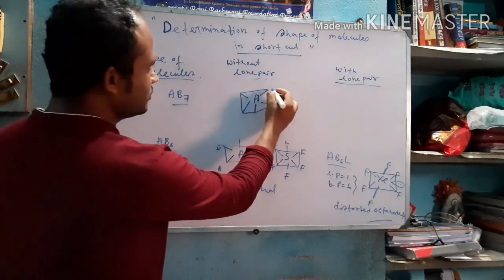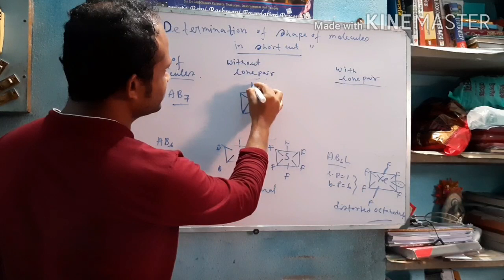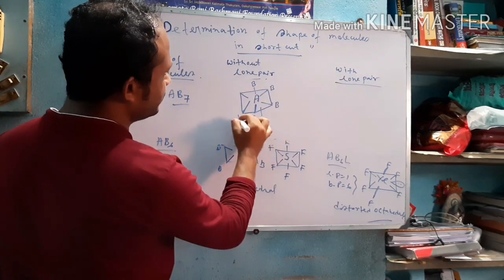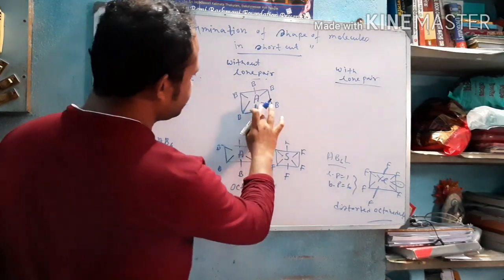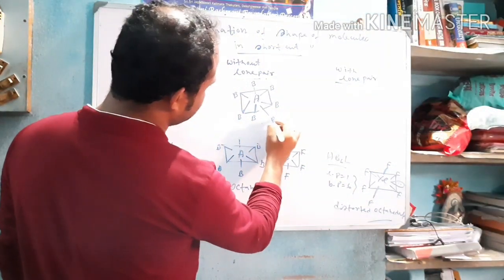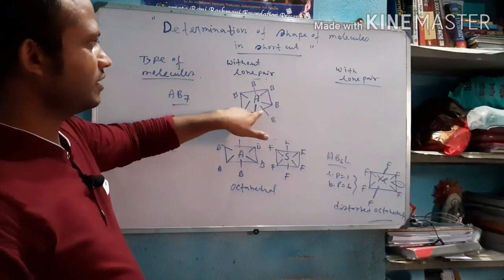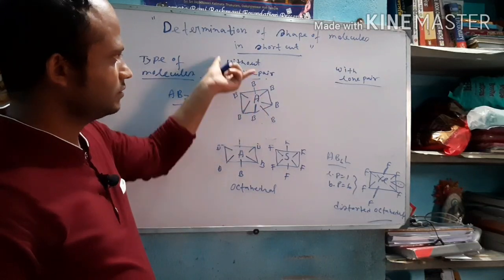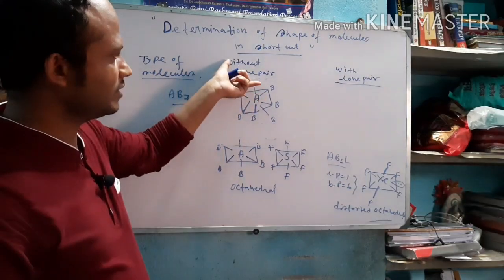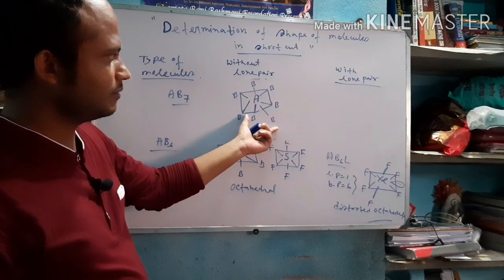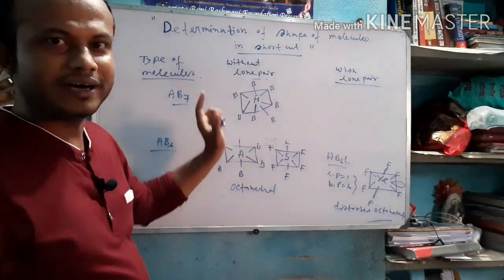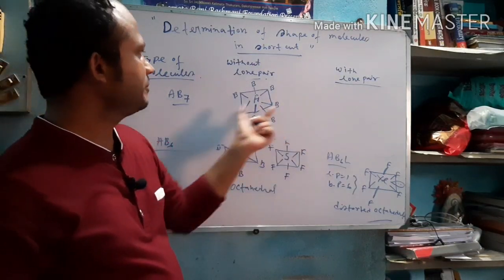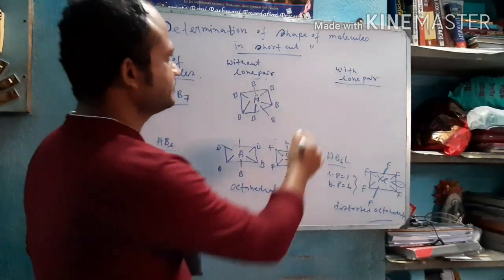You can draw more perfectly than me. This B, B, B, B and B. 1 B above the plane, 1 B below the plane, like this. Pentagonal bipyramidal. Here one pyramidal structure and here one pyramidal structure, pentagonal bipyramidal. That is AB7 type. Without lone pair, AB7 is possible.